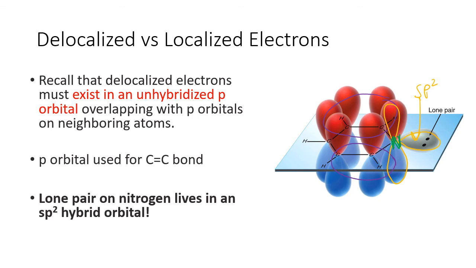So since the lone pair is not in that unhybridized p orbital, it cannot participate in resonance, and therefore we cannot push those lone pair of electrons on the nitrogen throughout the ring. So there are a lot of intricacies and special rules and things that violate those rules, and stuff you have to practice and develop over time to really understand resonance in depth.